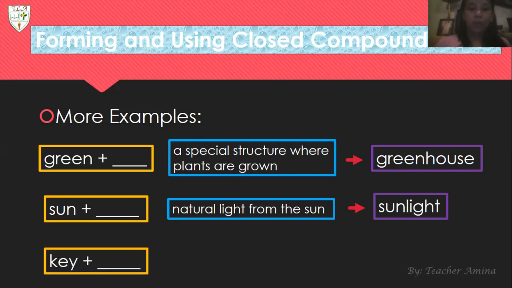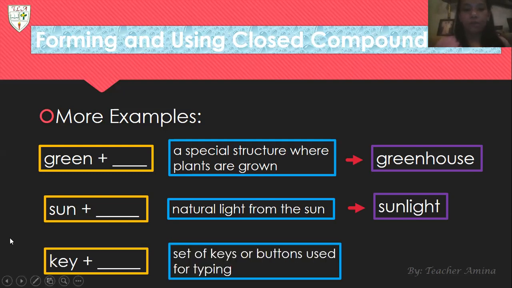Another example is key. What could that missing word be? To match this meaning, set of keys or buttons used for typing. We usually use this, especially when we're trying to type something on the computer.